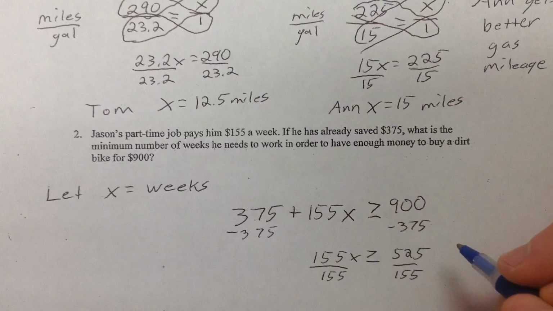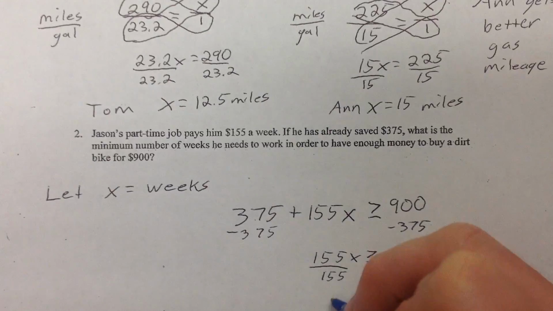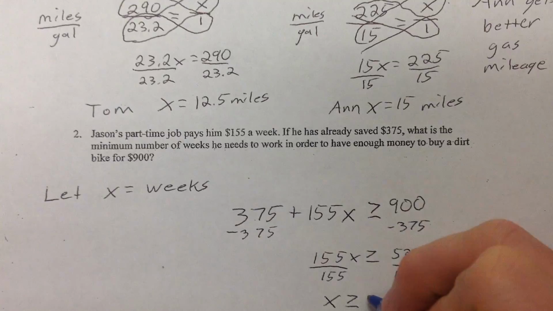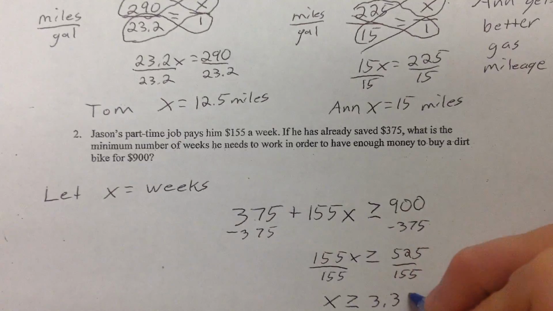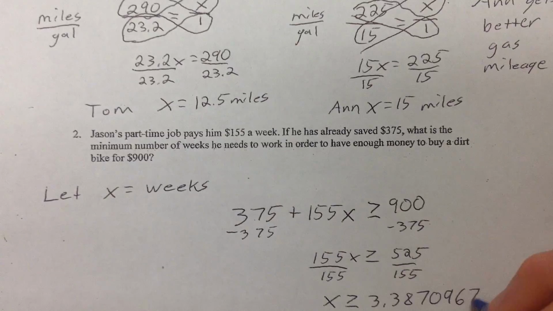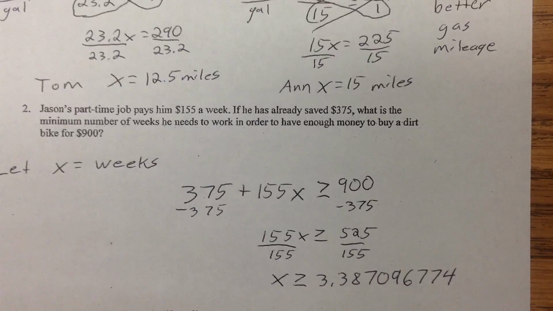All right, 525 divided by 155 is going to be x is greater than or equal to 3.387096774. All right.